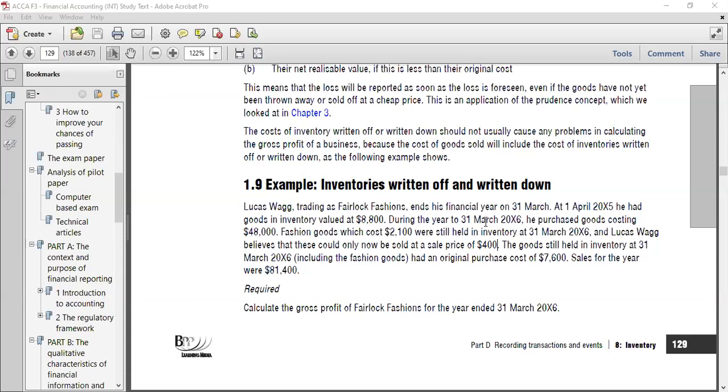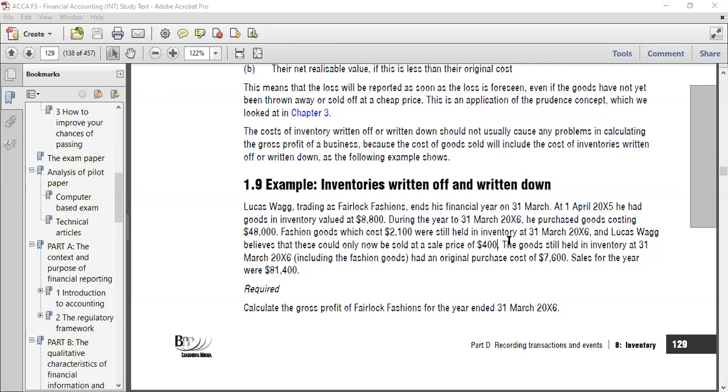Now, yours is to ask yourself, which one is the cost and which one is the net realizable value? So as we can see here, our net realizable value is actually 400, and this is our cost. So the standard is saying that we should value inventory at the lower of cost and net realizable value, okay? So that's the principle that we are going to basically use here.